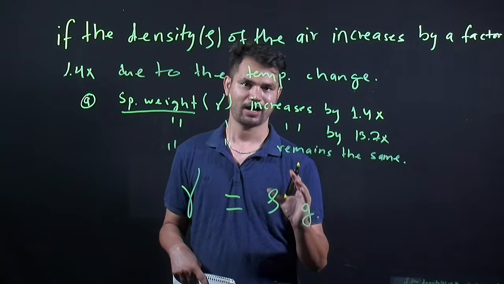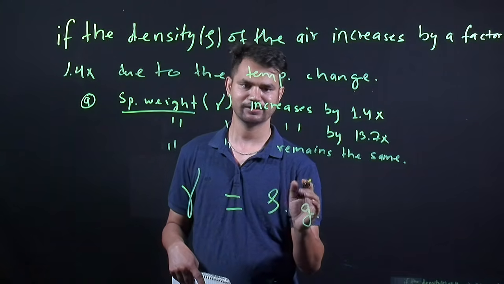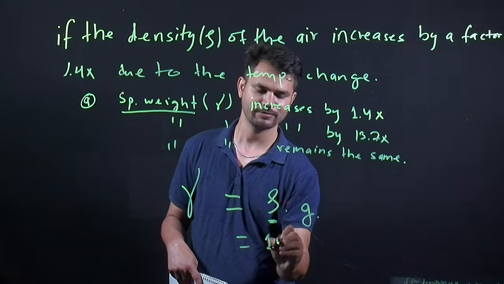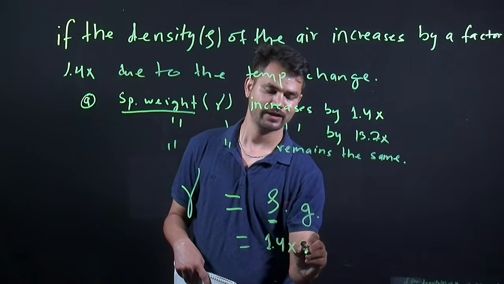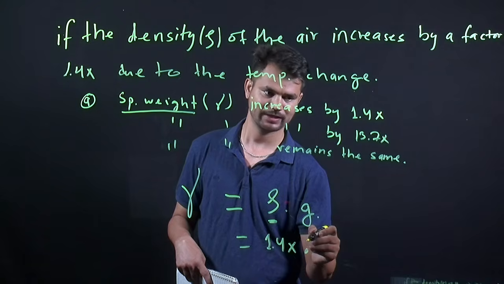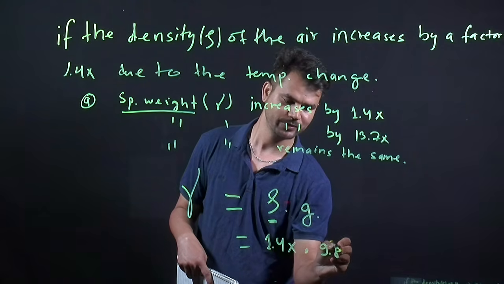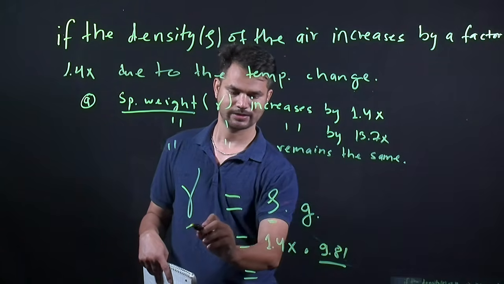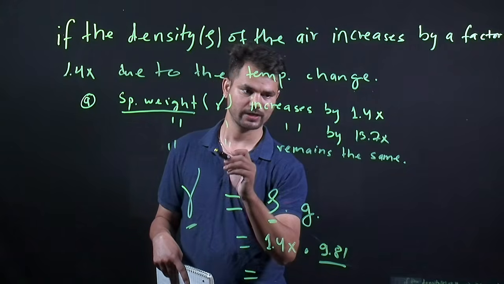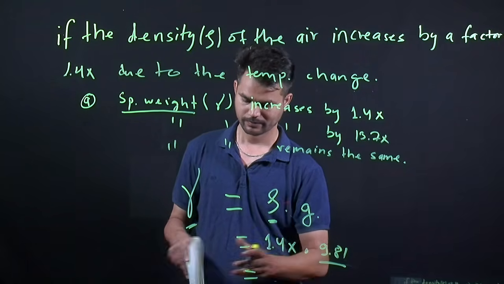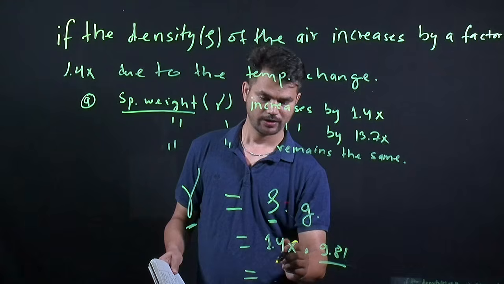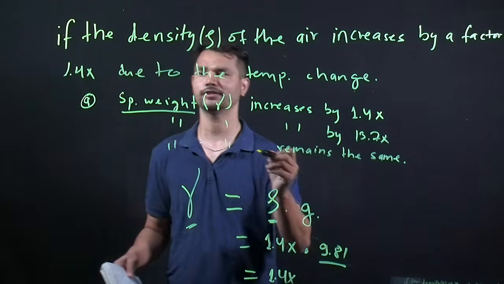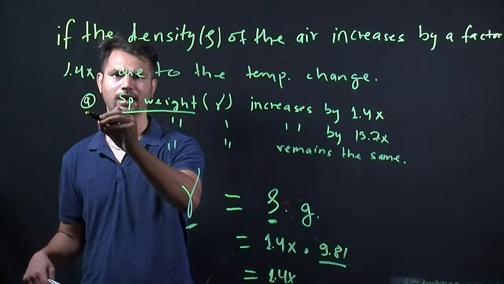Our main focus is on density, since it increases by 1.4 times, and acceleration due to gravity is constant, which is 9.81, so it remains constant throughout any process. So this specific weight gamma will increase by 1.4 times as well. So our answer for the first question is option A.